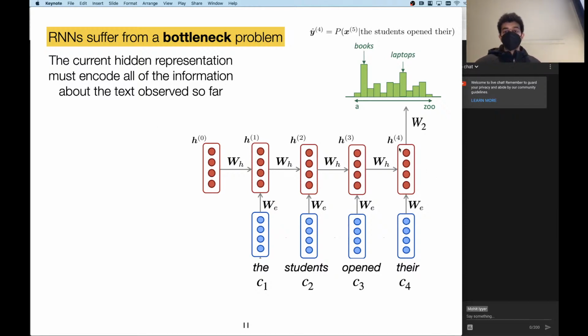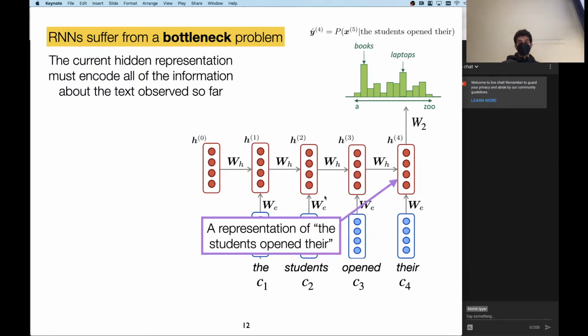So here, h sub 4 is supposed to represent the prefix "the students opened there." And you only have one vector representing this prefix. So if this sequence was not just 4 words, but say 1,000 words long, now you're squeezing all this information into a single vector, and the result is that a lot of important information could be lost during this process.